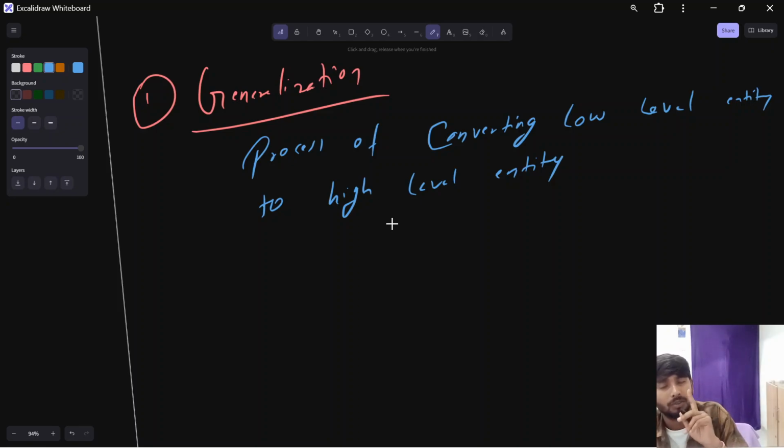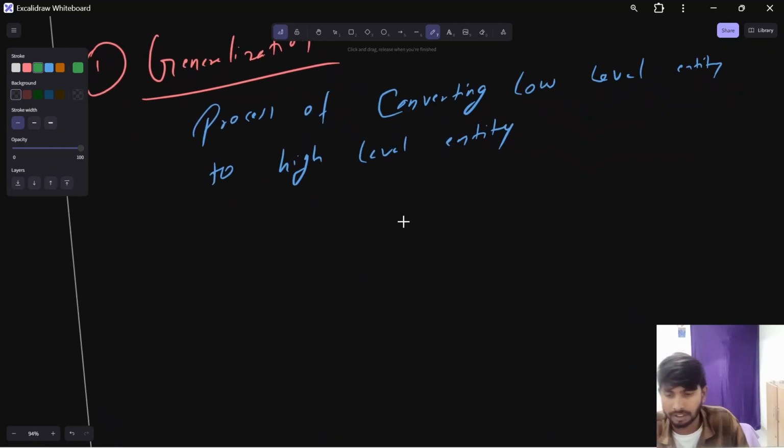Generalization means the process of converting low level into high level. We will understand it by taking an example.